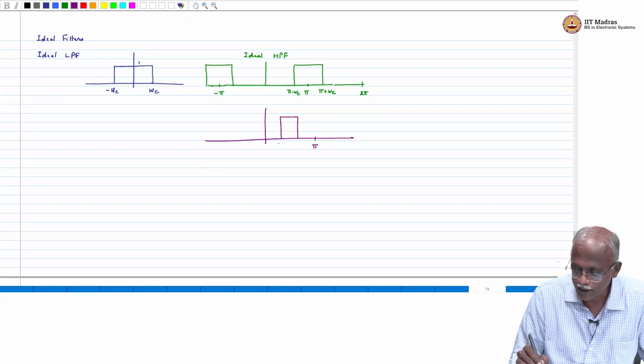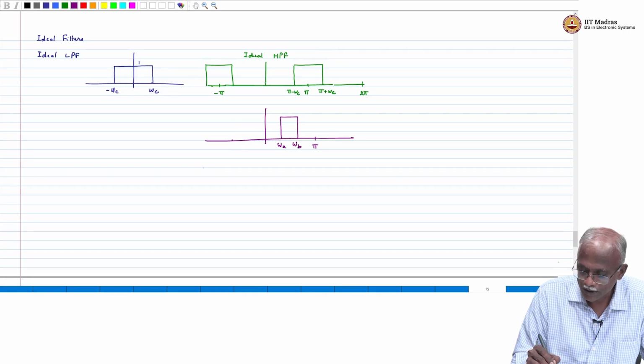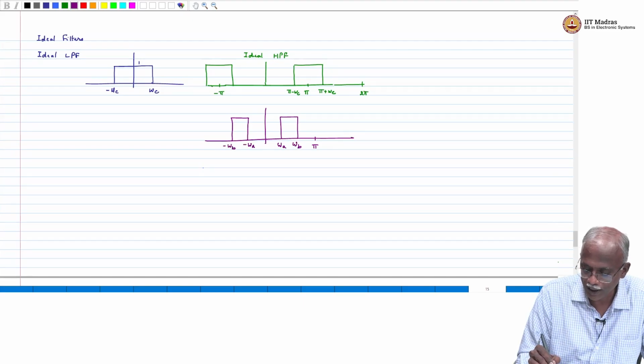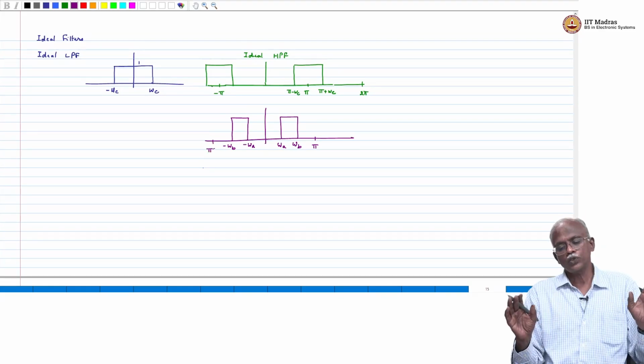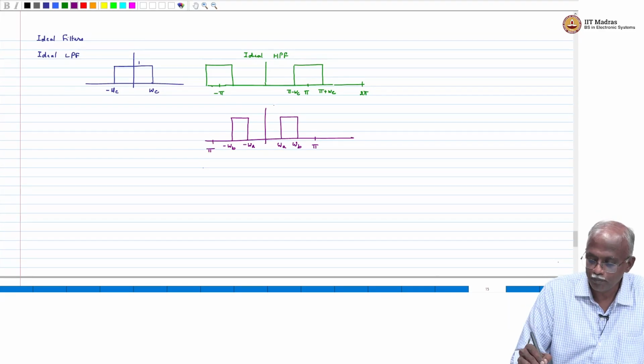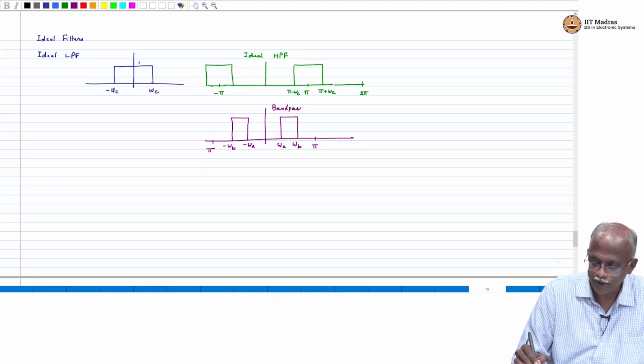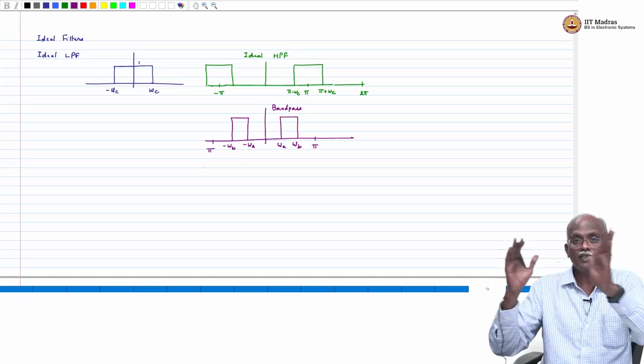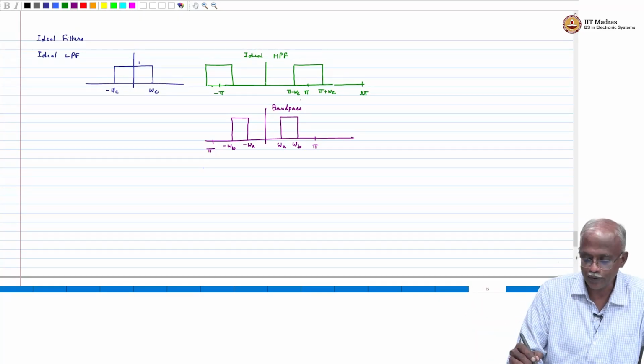Maybe we call those omega A and omega B. And similarly, it will be passing these frequencies from minus omega A to minus omega B, and this is the height of 1. So this is called a band pass filter. It passes a band of frequencies in between the lowest frequency and the highest frequency.